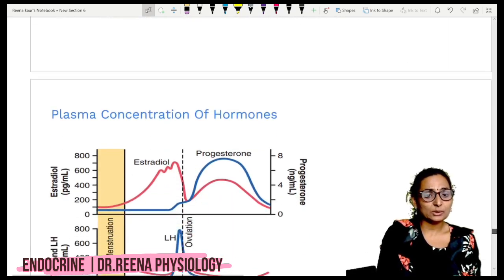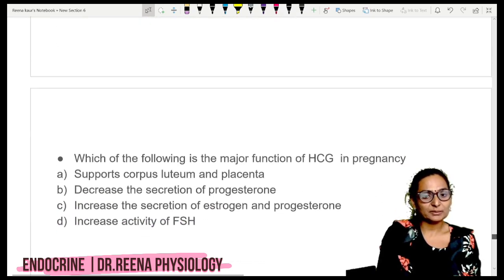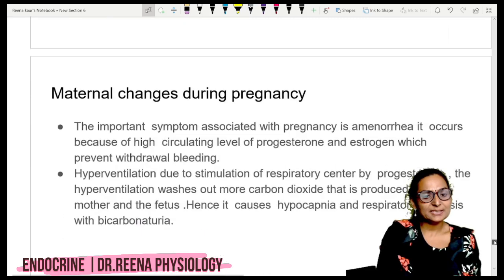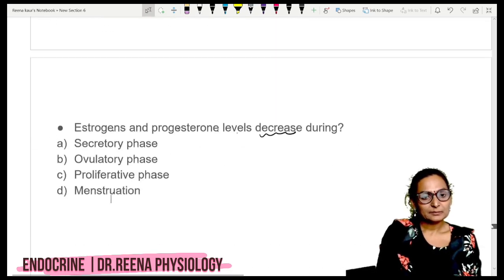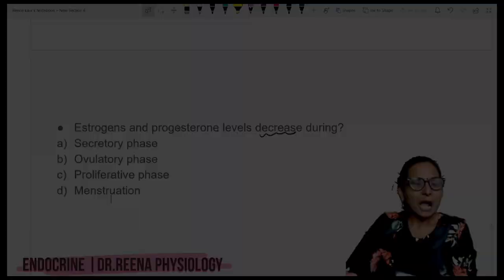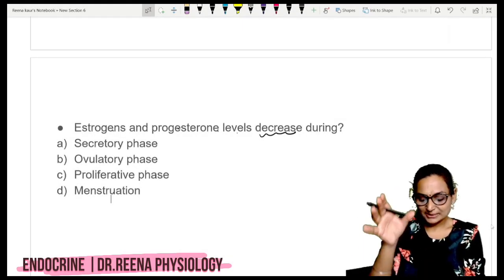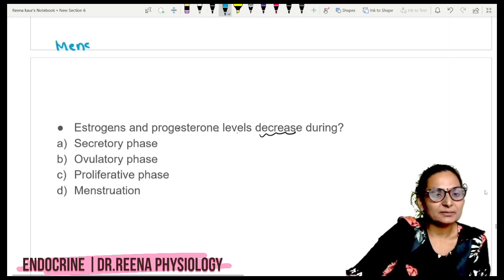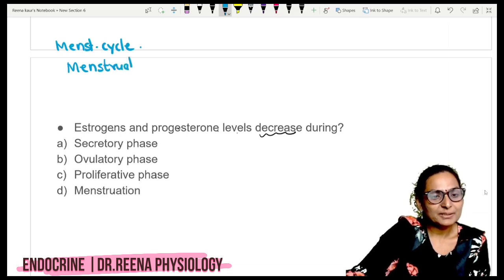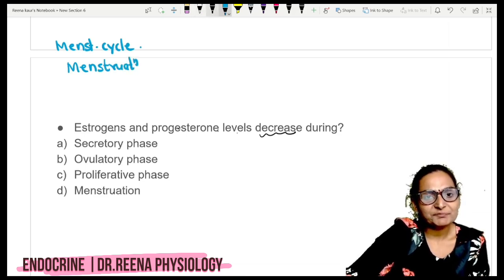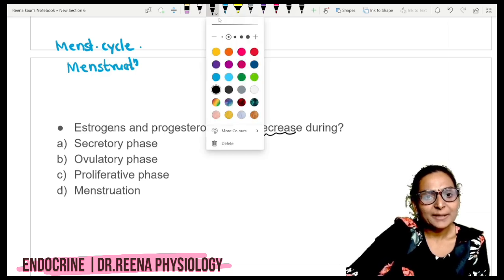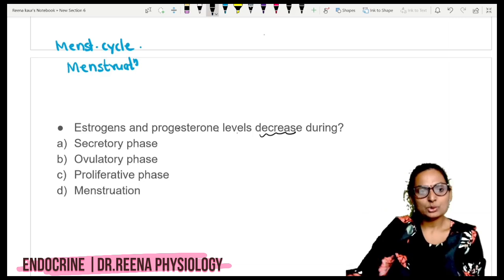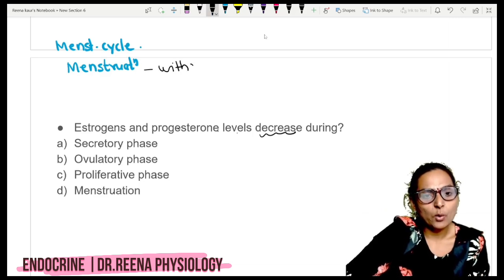See, there are so many questions on this, so we'll try to complete all these questions. D, very good. How do I say that the estrogens and the progesterones decrease? Now, when you look into the menstrual cycle, if you start from menstruation, that means when there is bleeding for the first 4 to 5 days, the main cause of the bleeding is the withdrawal of hormones.